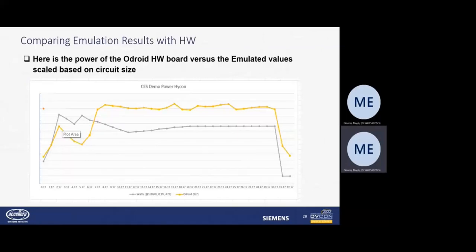And here is a comparison between the real power dissipated by the hardware and our emulated power. We determine the power in nodes and we connect them. And there is a non-trivial matching for the power profile using the hardware, which is the Odroid board in yellow, and the determined power in watts by our emulation in gray.